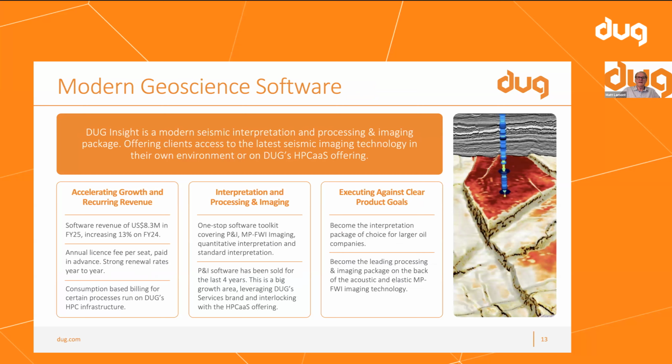Our software is the leading software in the industry, I believe. It's certainly the most modern and leading software amongst our key services competitors. The software business itself has got accelerating growth, and it's going to continue to accelerate that growth. It is recurring revenue.